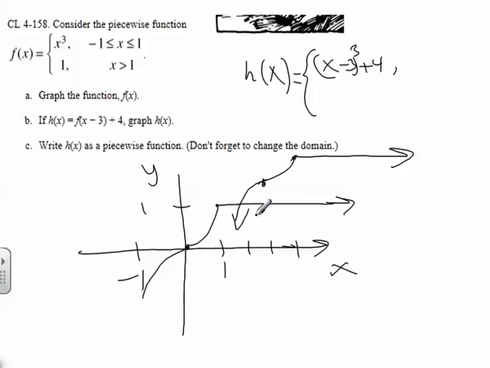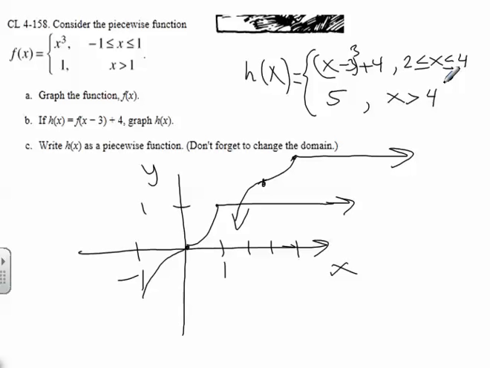And that now exists instead of between -1 and 1. It got moved over 3 spaces, so it's between 2 and 4. And then the value of 1 got moved up 4, so it got moved to 5. And that exists from where x is anything greater than 4. So there's the new function.